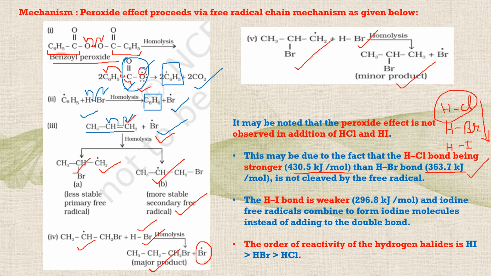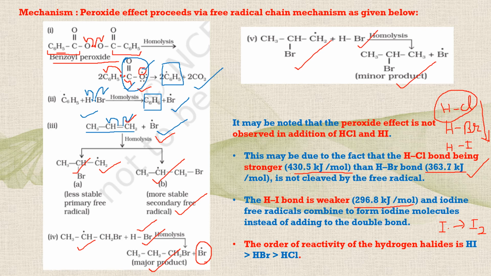And HI, what is the problem with HI then? HI is very easy to break, so HI has a very weak bond. The bond breaks quickly, and as soon as the iodine free radicals are formed, they combine with each other to give rise to an I2 molecule. But I don't want to create an I2 molecule. I want this I free radical to attack the double bond.